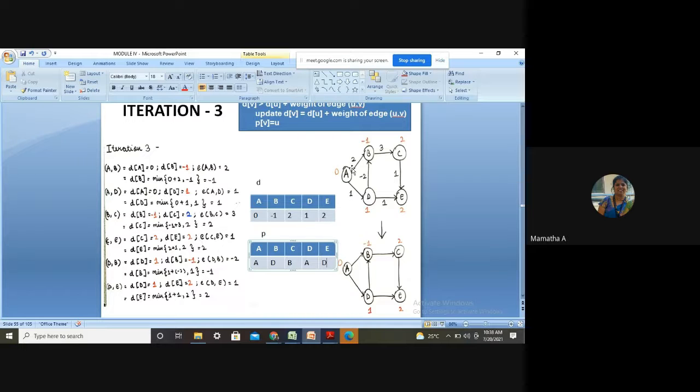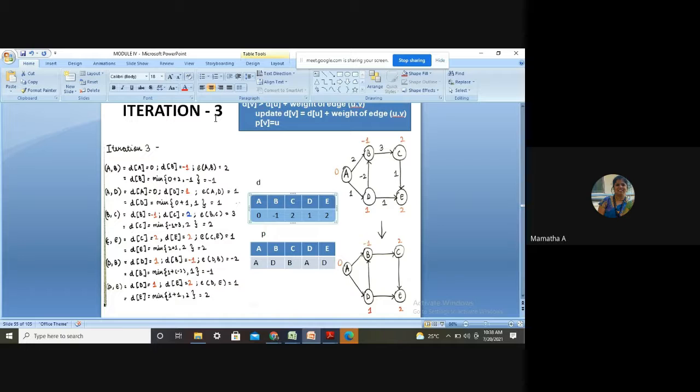Previously it was 0, -1, 2, 1, 2. 0, -1, 2, 1, 2. It did not even change. So if the current iteration is the same as the previous one, that is, the distance values I'm talking about, if the distance values are the same as that of the previous iteration, you can stop.